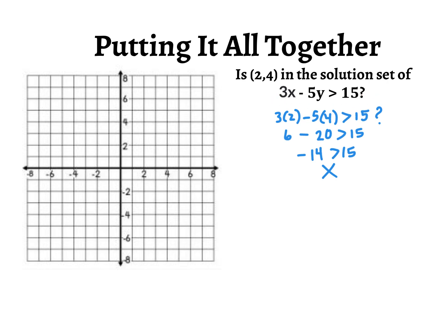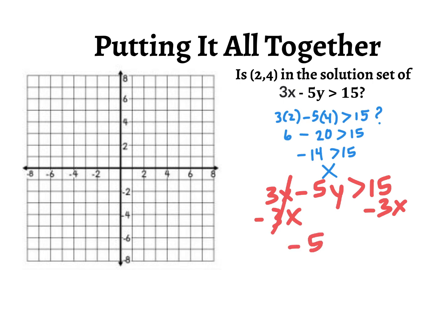So to put it in y equals mx plus b, I'm going to first move the 3x over. Since it's positive 3x, I'm going to subtract 3x on both sides. I have negative 5y greater than negative 3x plus 15.